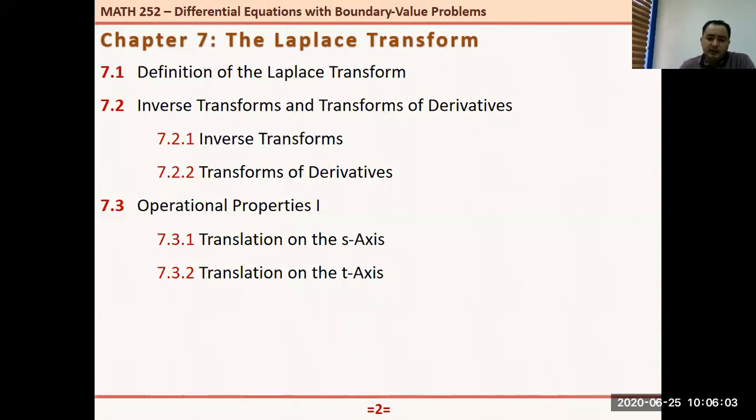And actually, there is a converse operation: by using the inverse of the Laplace transform, if we know its transformation, we can get back our original function f of t.